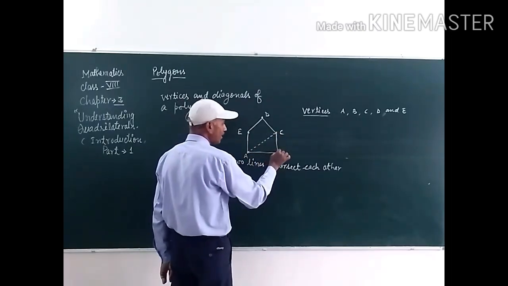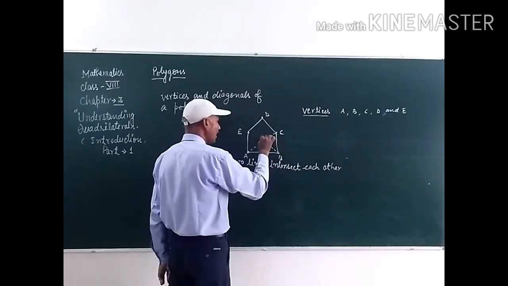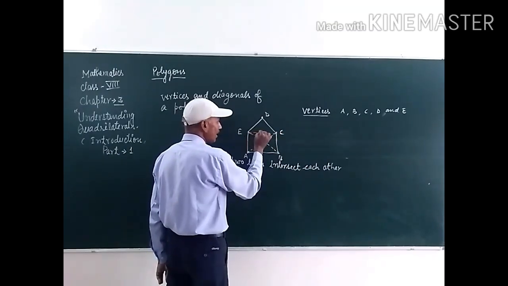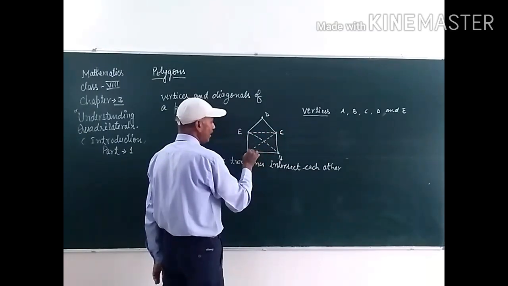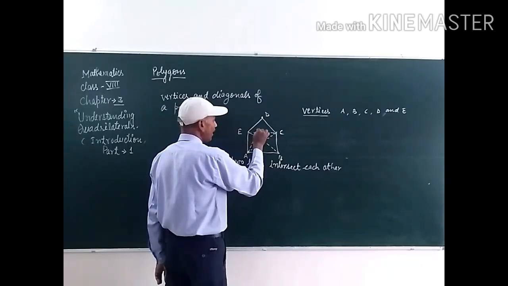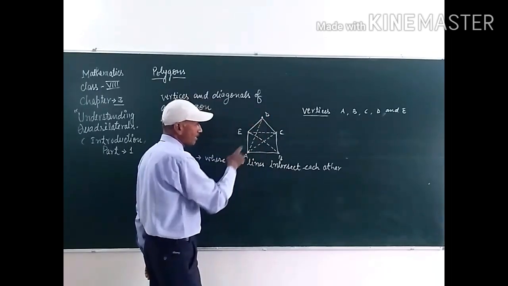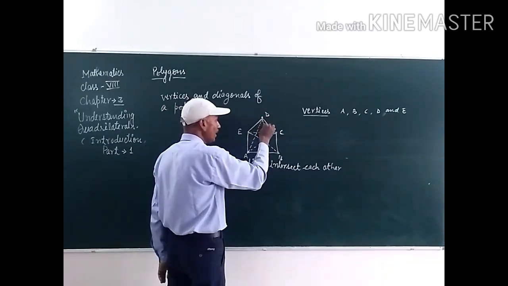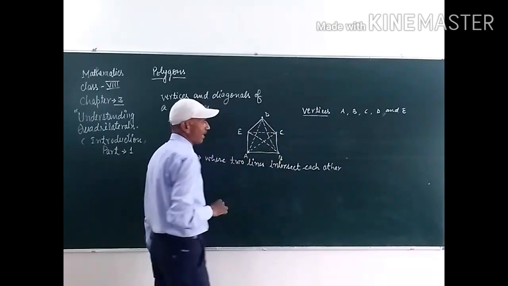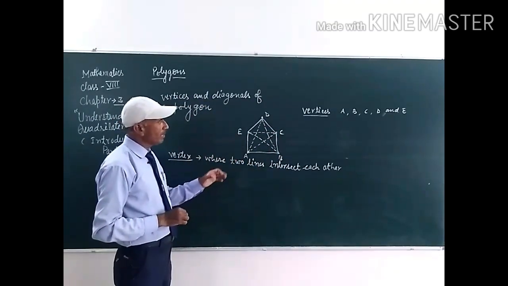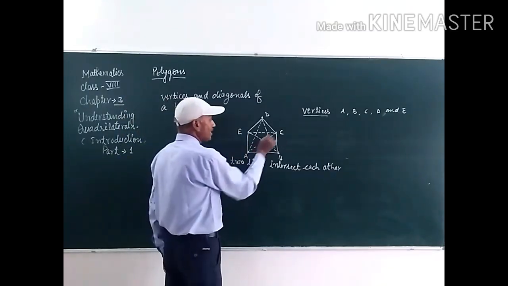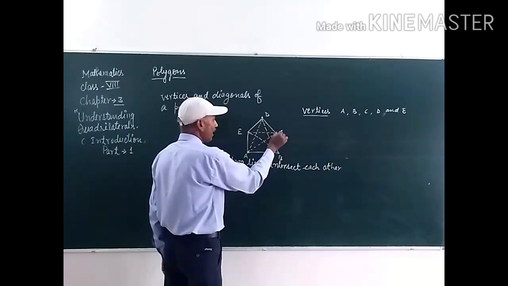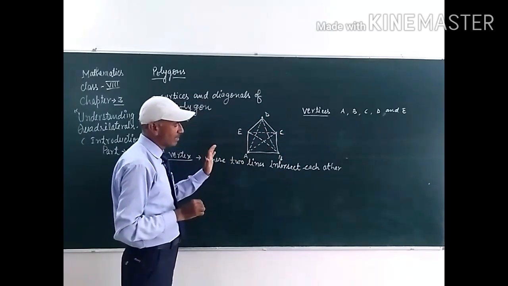Clear, student? Again B and E is also a diagonal. C and E is also a diagonal, and A and D are non-consecutive points, so these are also diagonals, and B and D is also a diagonal. So in this figure there are AC, BD, BE, AD and CE. There are 5 diagonals. Clear, student?